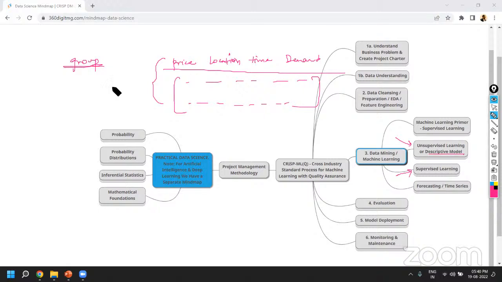So under unsupervised learning, we are trying to do grouping. And when you group this, you always try and remember that we are trying to group similar records, right? The records which are very much similar to each other.